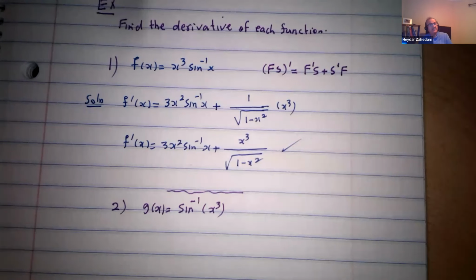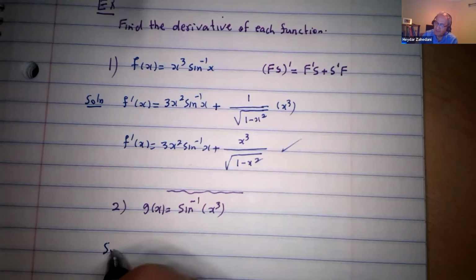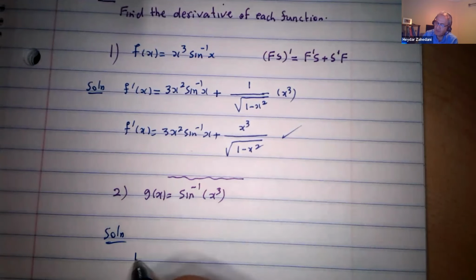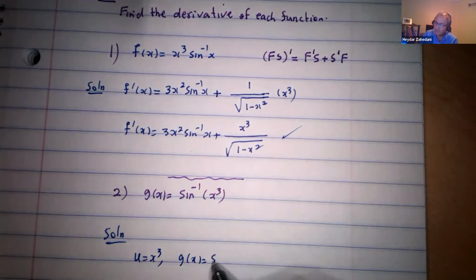So it's like sine inverse of u, if you like. Just for your information, you may think of u as x cubed, so your g of x would be simply sine inverse of u.